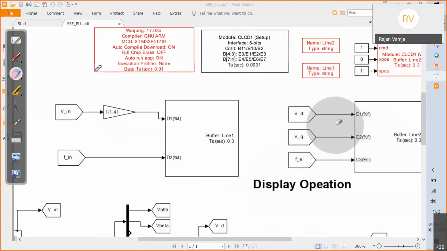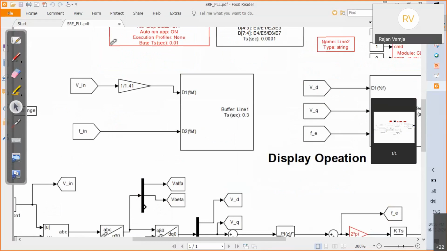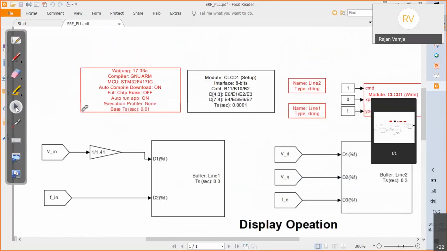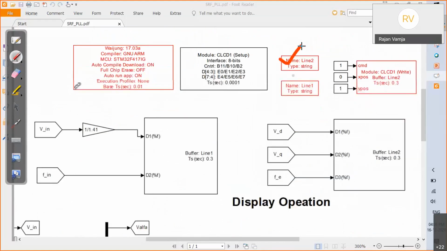We can program the display block. Except this, all are also blocks. This is also a metal block set.